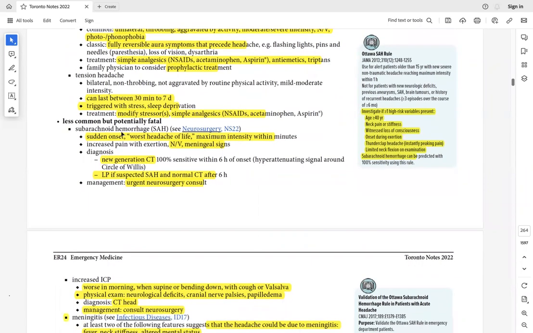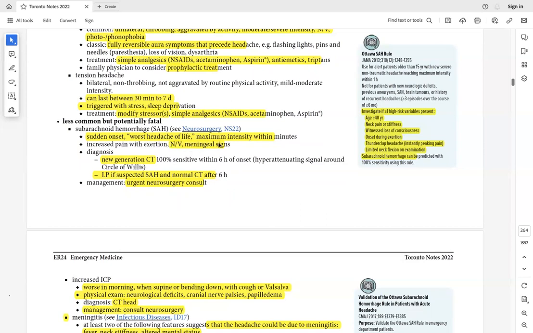Sudden onset of worst pain, that is subarachnoid hemorrhage. For subarachnoid hemorrhage, the patient will remember the exact point or timing at which the headache started. They will give you the history of the worst headache of life. They never had such a headache before.